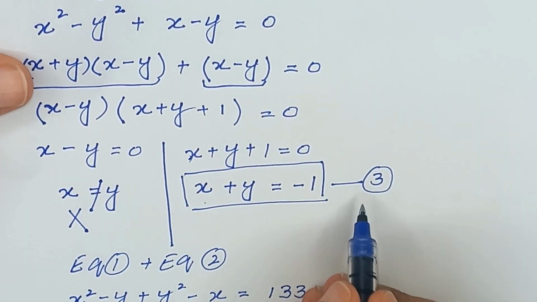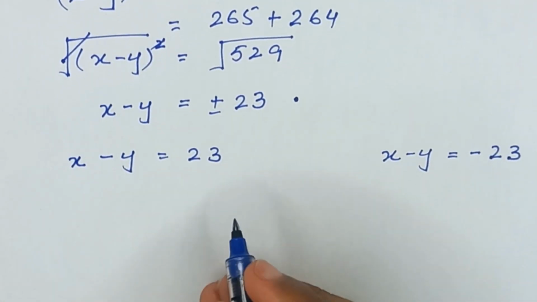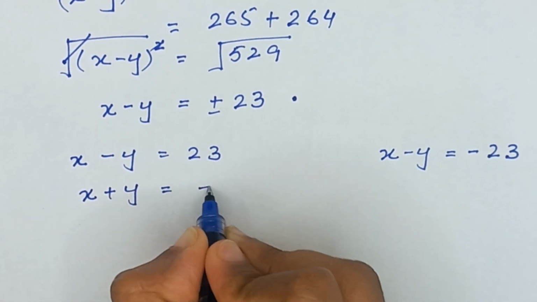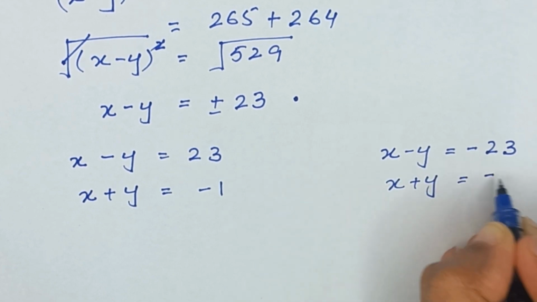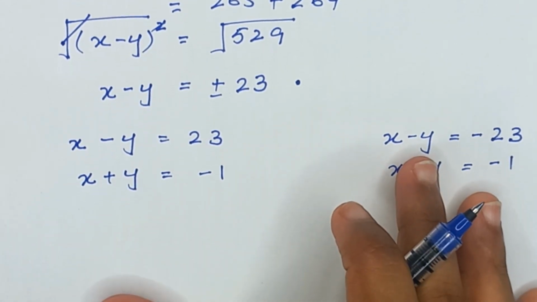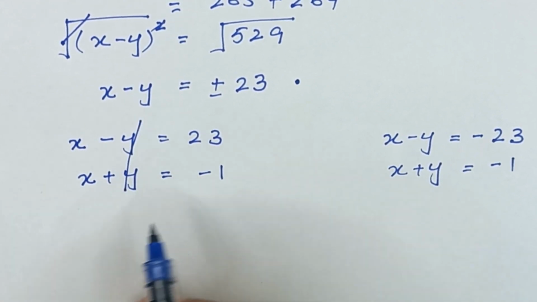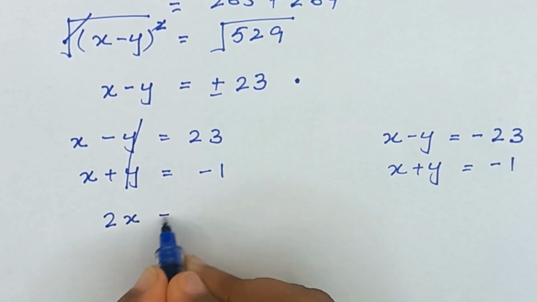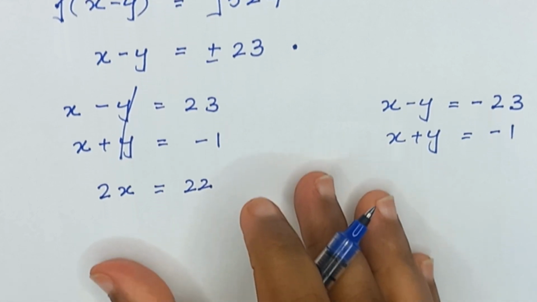And I will use here this equation number 3, which is x + y is equal to −1. When I solve these two equations simultaneously, I will add these two equations, so y will cancel out, and x + x will become 2x, and 23 − 1 will be 22.